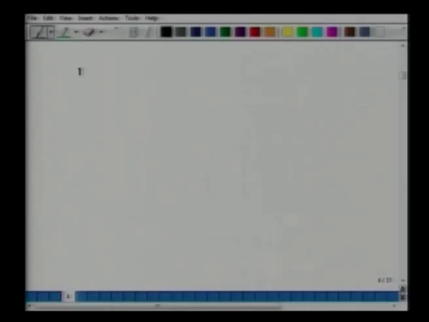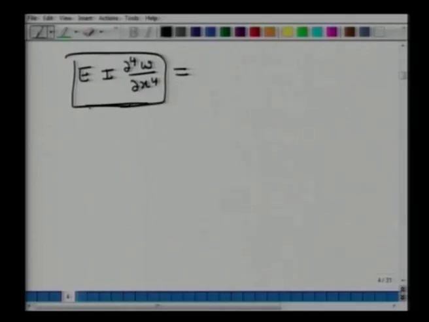So I have a beam equation, E I del 4 W over del x 4, where W is the displacement of a beam. So in a beam equation I have this term coming up, and this is related to the moment exerted in a beam. Now here M and W are linearly related.